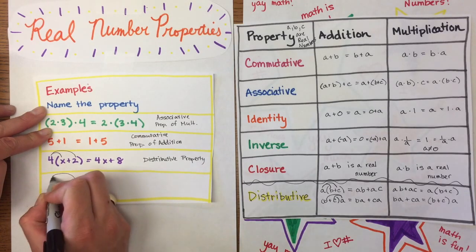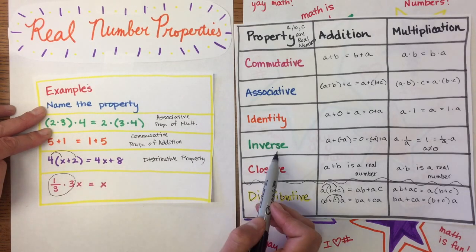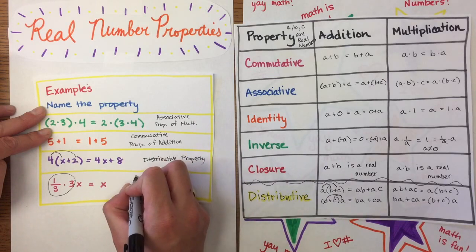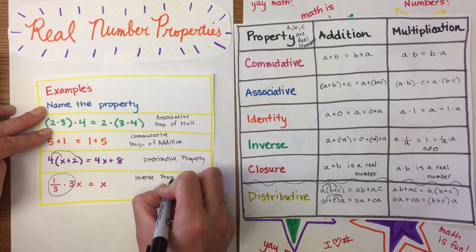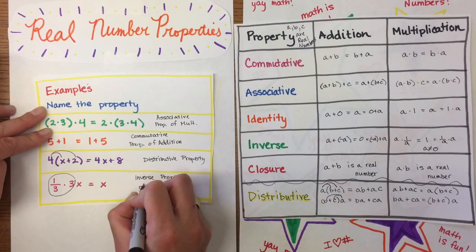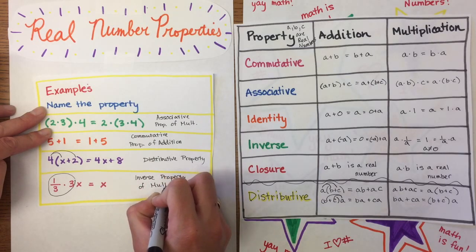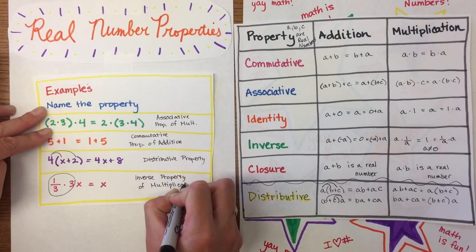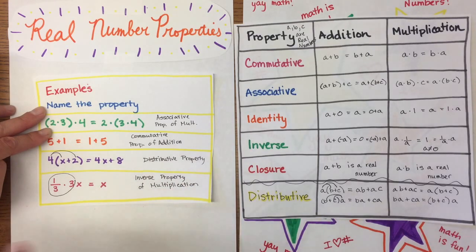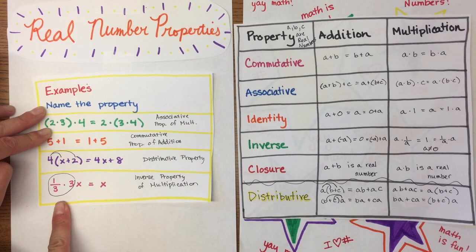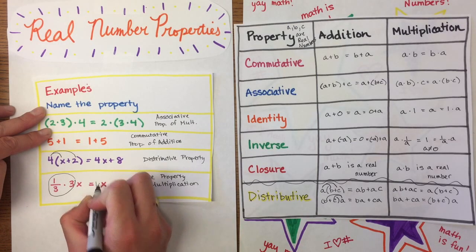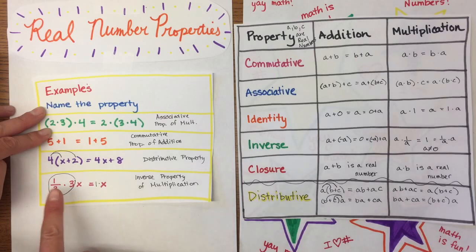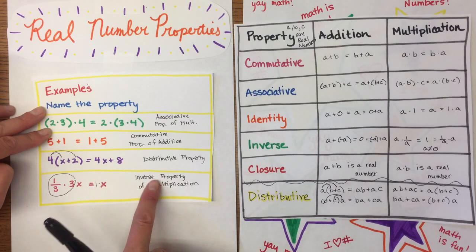Because this went away, this is going to be the inverse. Inverse property of multiplication. When something disappears through multiplication, it's really kind of an invisible 1. When something goes away through multiplication, it's going to be inverse.